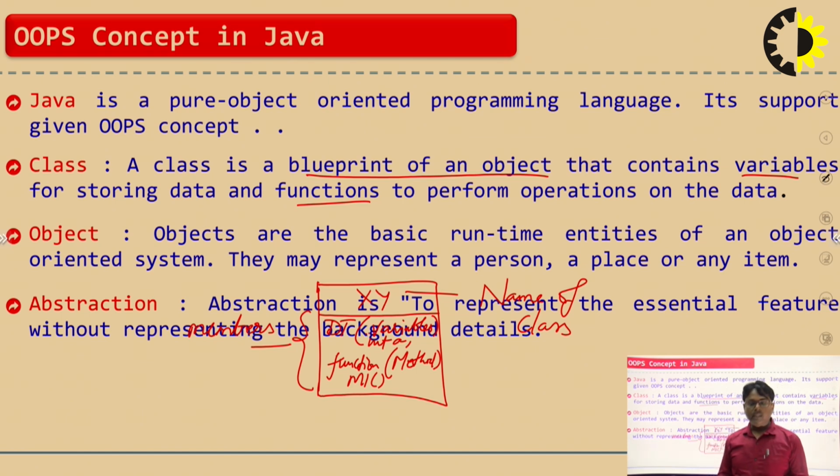This is the internal feature, we can say, in a programming language. But in terms of the user, those who are trying to use the interface or application software developed in the Java programming language, for those people the abstraction concept comes in. The programmer knows it very well.